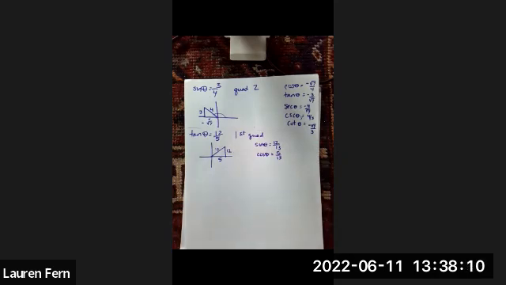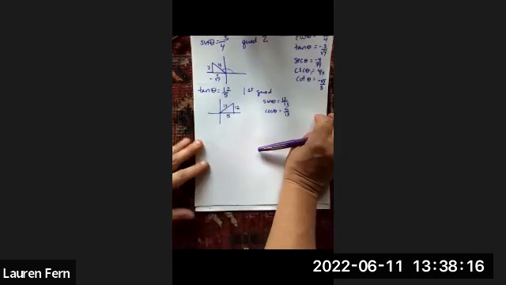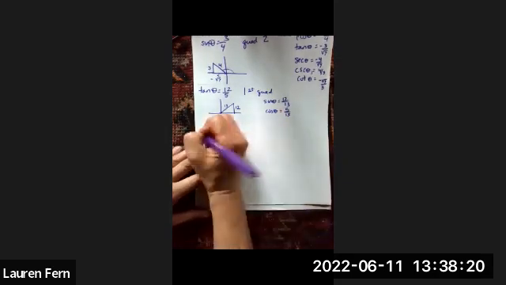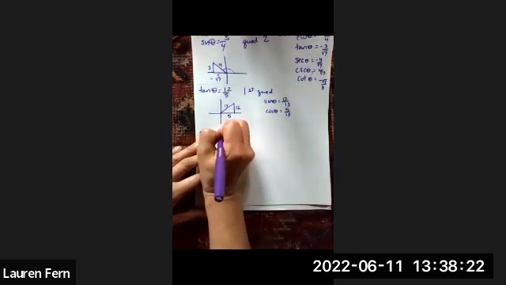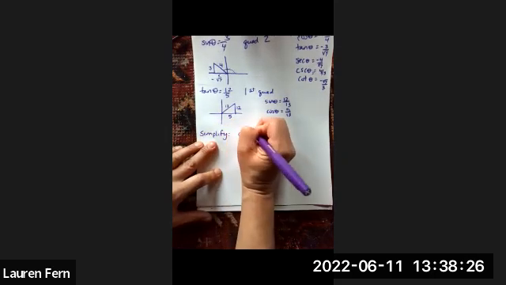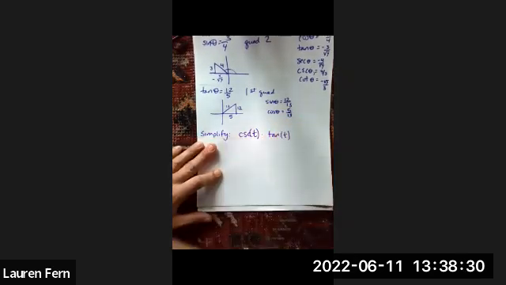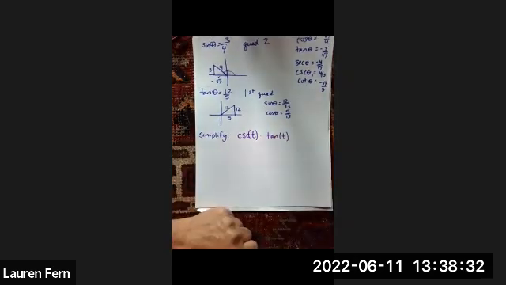All righty. So just to play around with the relationships between these, what if we want to simplify the cosecant of t times the tangent of t? This might look stupid, but this is just a matter of playing with the relationships.